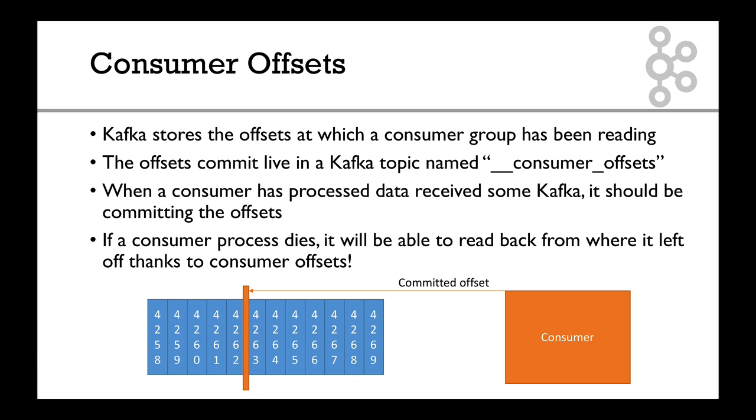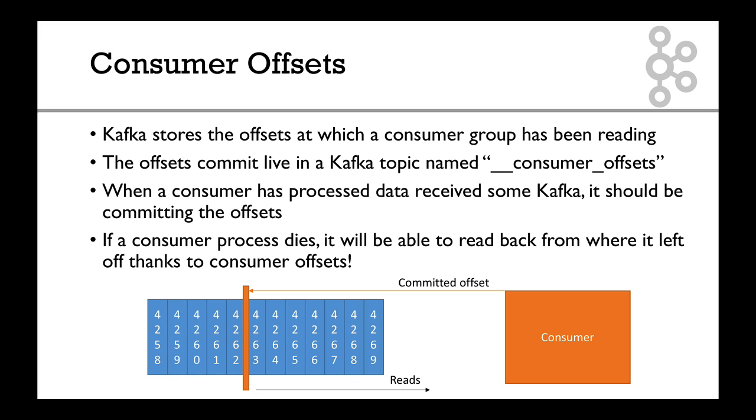And that offset right here, the vertical orange bar, is exactly where the consumer has been reading until. So Kafka knows that this consumer, which is part of the consumer group, will have read up to 4262. Now the consumer knows where it should be reading from onwards.